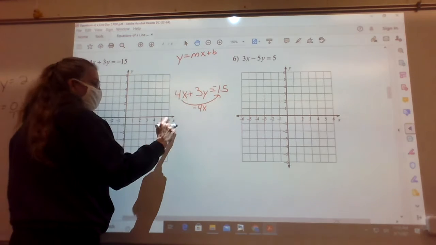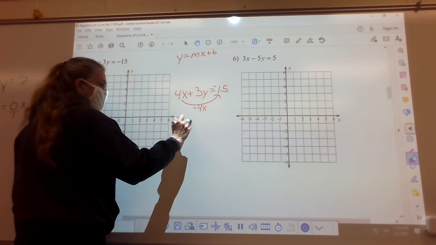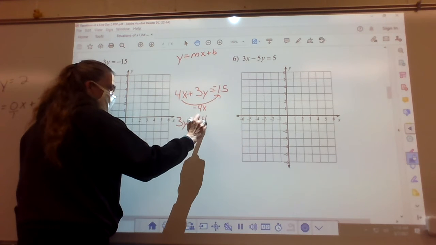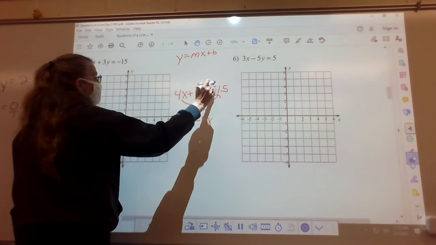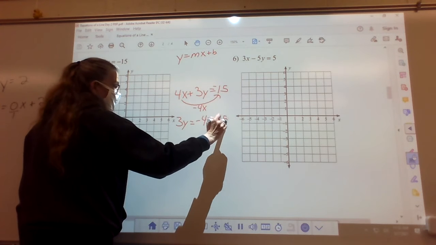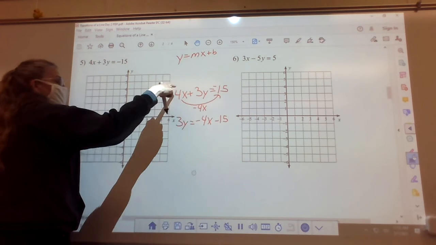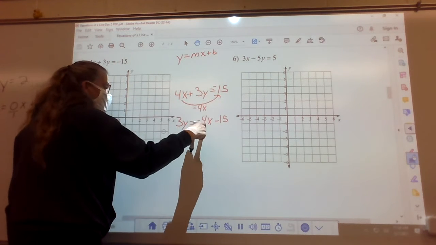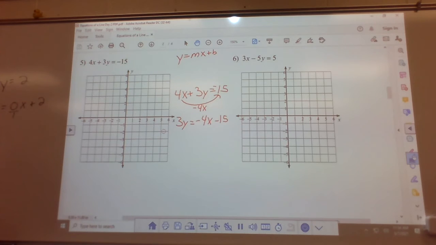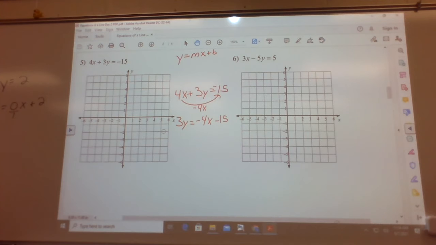The 3y I'm going to keep where it's at, equals negative 4x minus 15. You've got to remember when you move the x to the other side, it has to become negative. And a lot of you, like I said, not just you guys in general, but the entire day, weren't changing the sign.